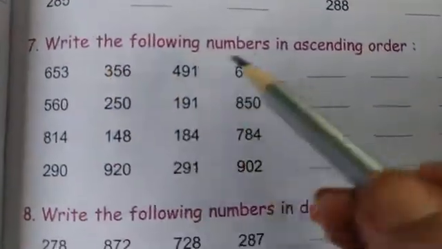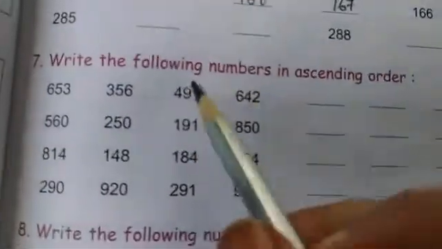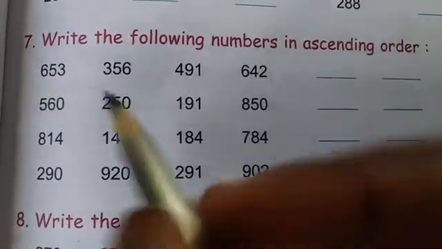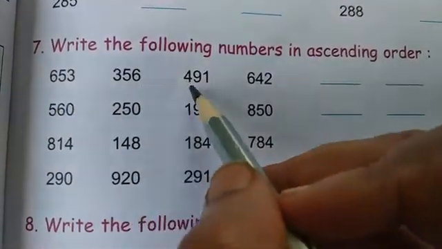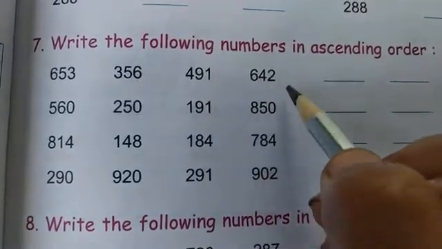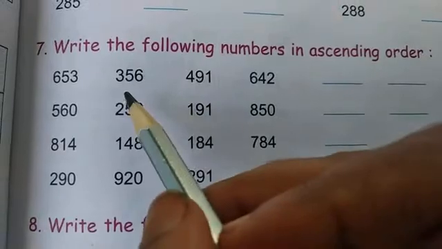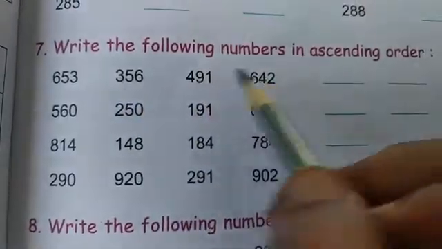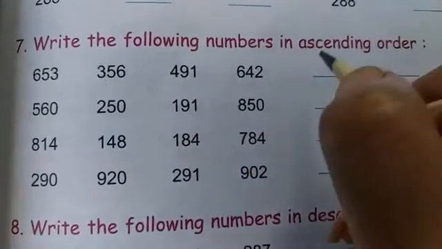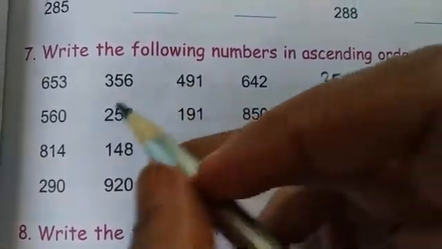Now number 7. Write the following numbers in ascending order. The numbers are given. You have to write the numbers in ascending order. 653, 356, 491 and 642. Here compare the hundreds digit, as 3 is less than 4 and 6. So 356 is the smallest number.